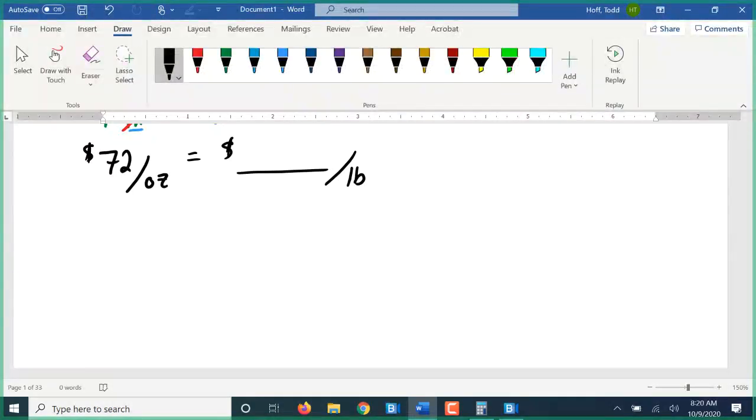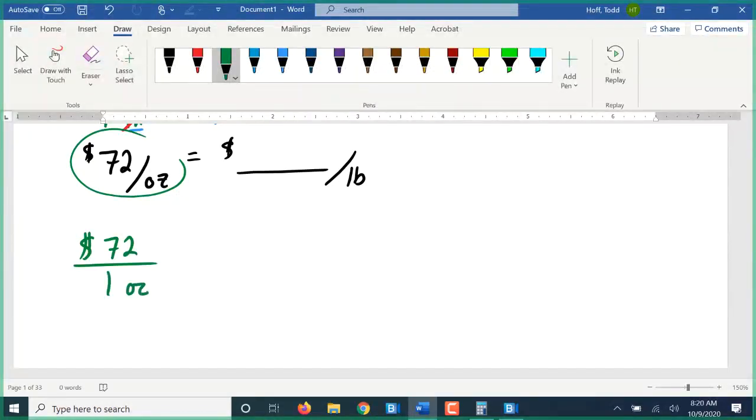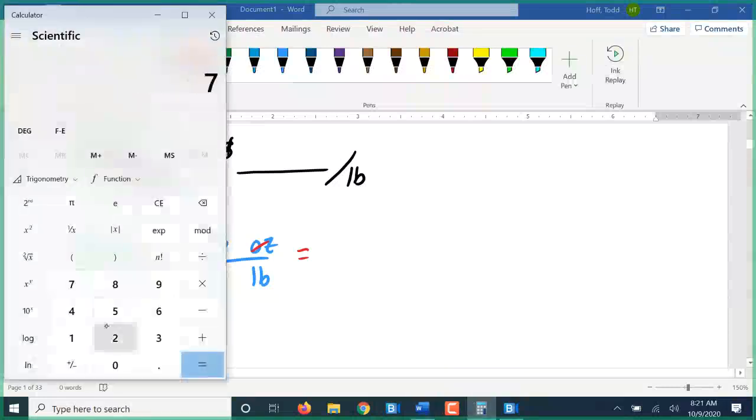A little bit awkward the way the units are written because the dollar symbol is in front of the number, but it's the same thing. It's still a rate. So we're going to write this as $72 per 1 ounce. And again, we're keeping the dollars, but we have to get rid of the ounce. Since ounce is on bottom, we put it on top so it'll cancel out. Pounds on bottom. So 1 pound is 16 ounces. Our ounces cancel out.